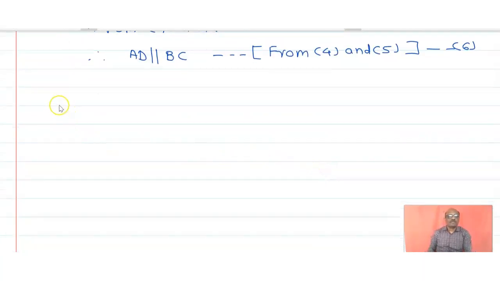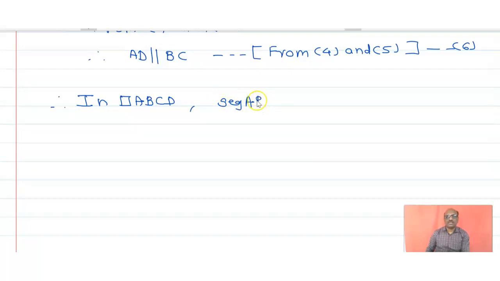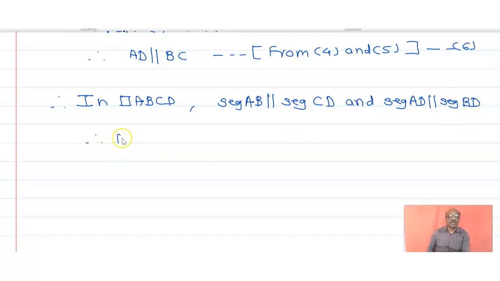Therefore from the sixth and third, in quadrilateral ABCD, segment AB is parallel to segment CD and segment AD is parallel to segment BC, and therefore quadrilateral ABCD is a parallelogram.